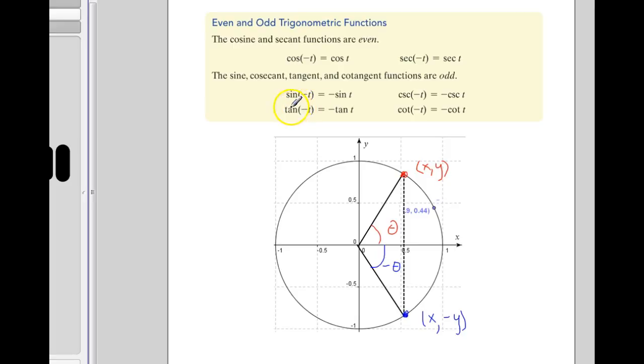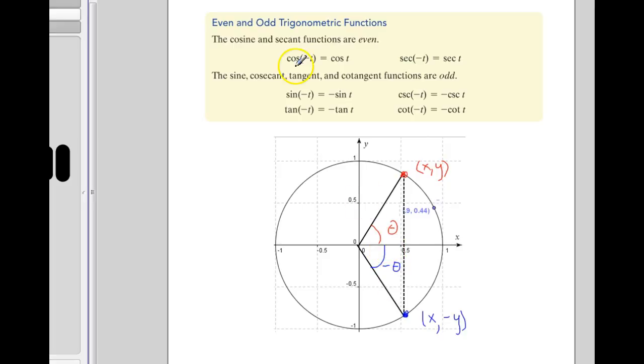Now for tangent, remember that's slope. Whatever the slope is here, it's a positive slope. If we rotated the same amount the other way, we would have a negative slope of the exact opposite sign. Remember, slope is just the change in y divided by the change in x. So it's a negative y over x here, and a positive y over x there.